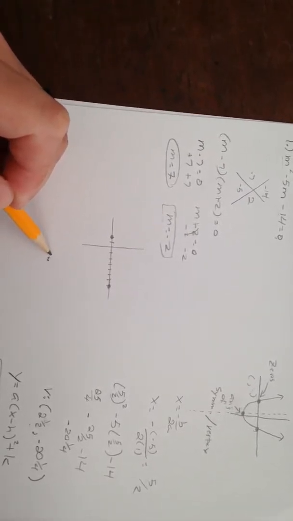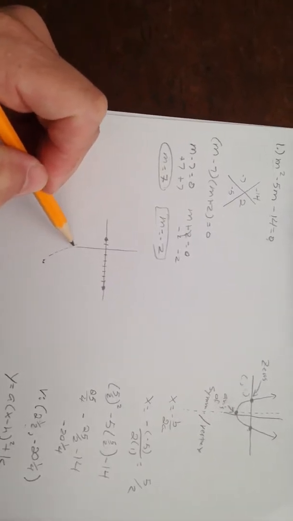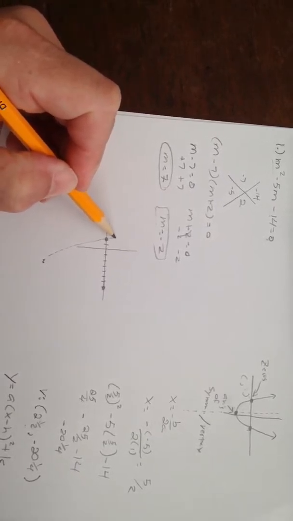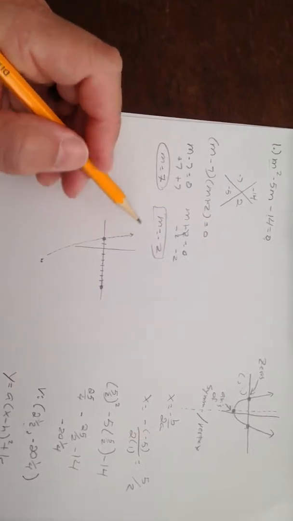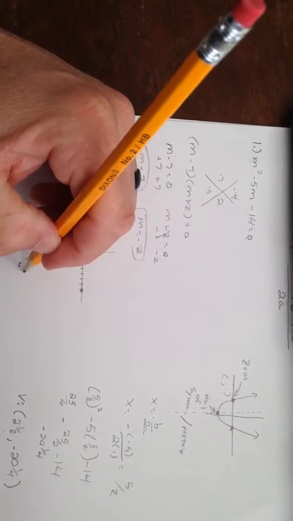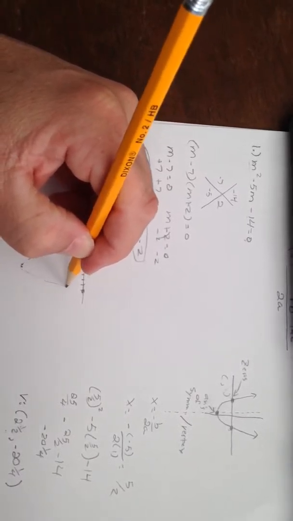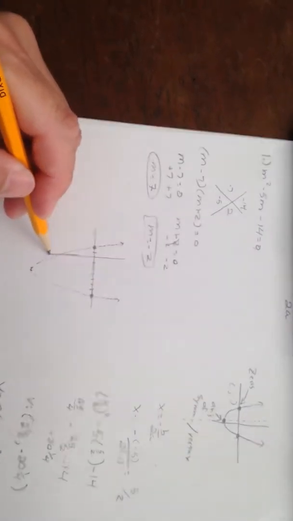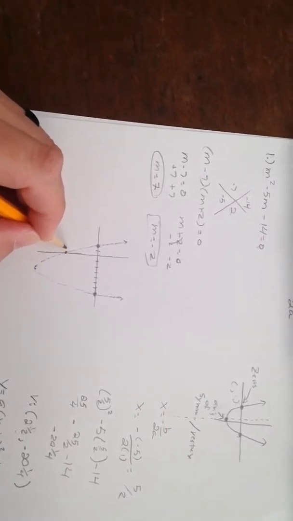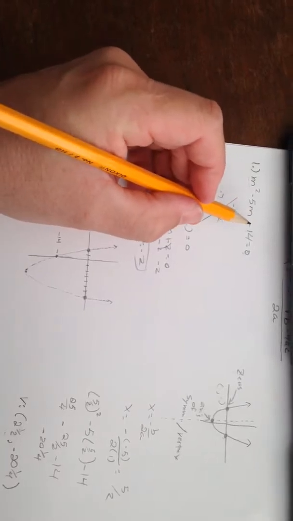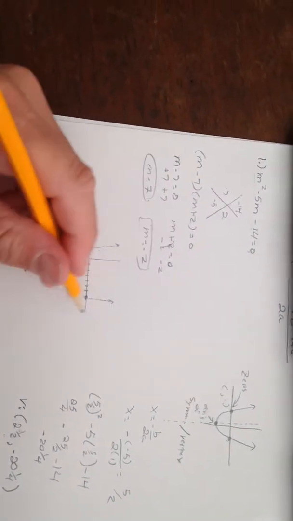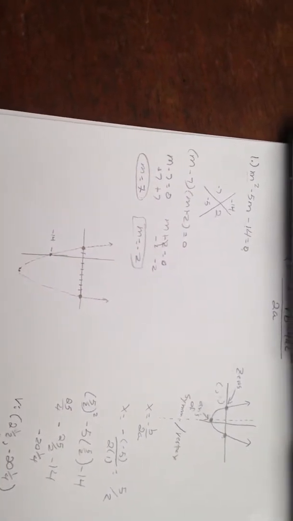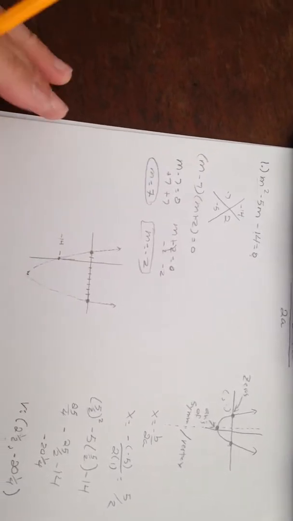So I can kind of sketch a little bit of a parabola. Okay, so right here is going to be negative 14, because you remember that's the c value. So we've got a rough sketch of what this thing looks like.